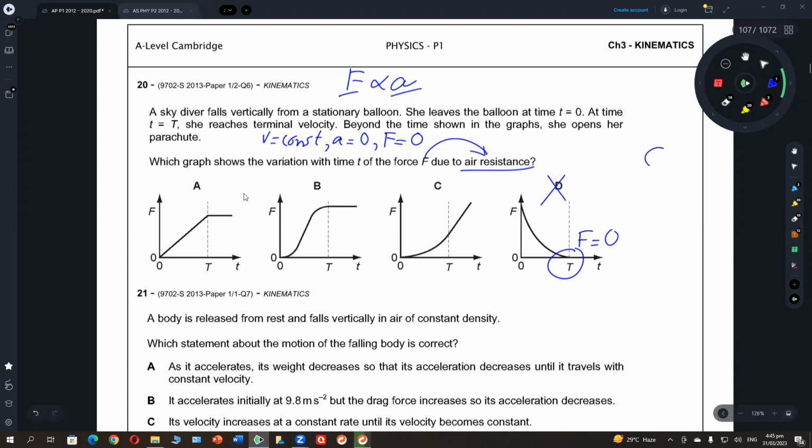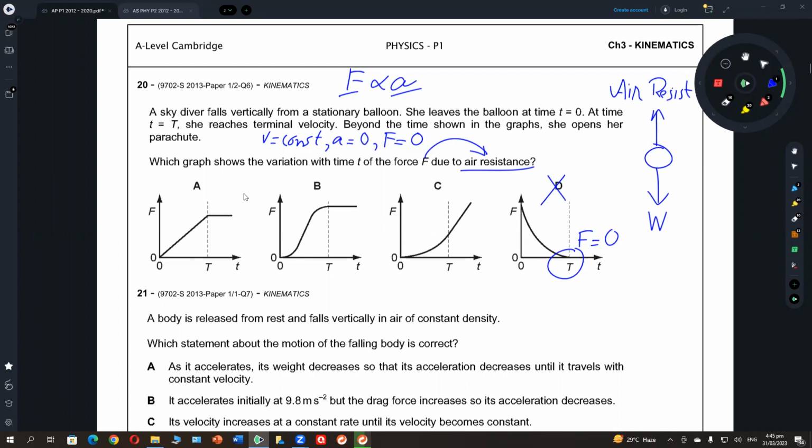When an object reaches terminal velocity, this is the weight of the object and this is the air resistance. Can you tell me, at terminal velocity, when velocity becomes constant, acceleration becomes 0, resultant force becomes 0, will the air resistance become constant or will it keep on increasing? Air resistance will increase. How come?